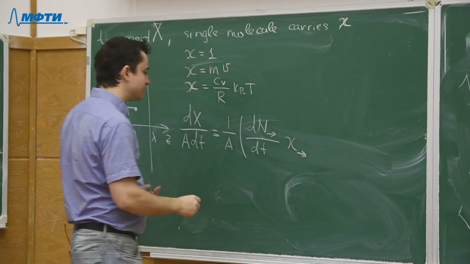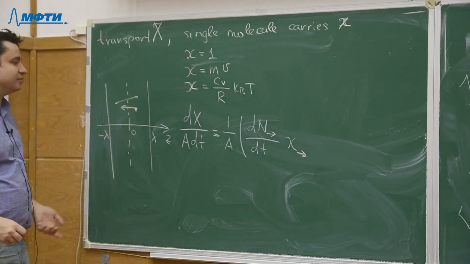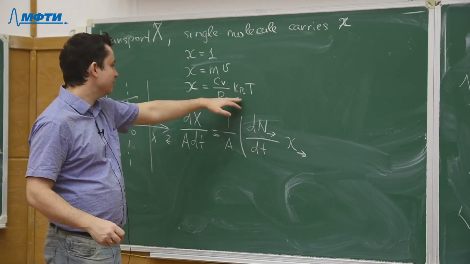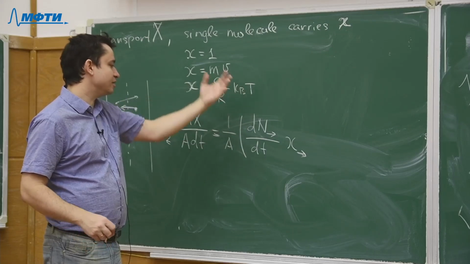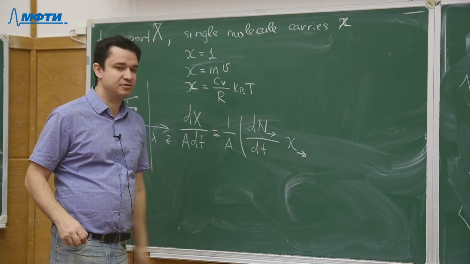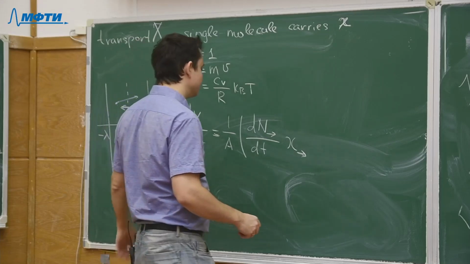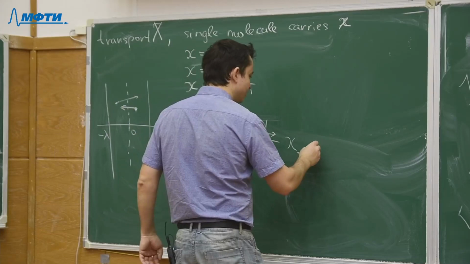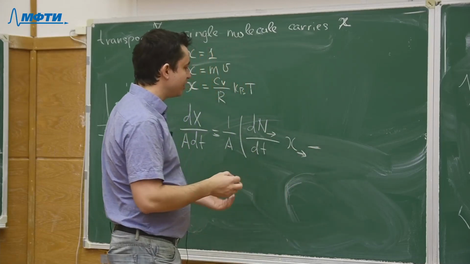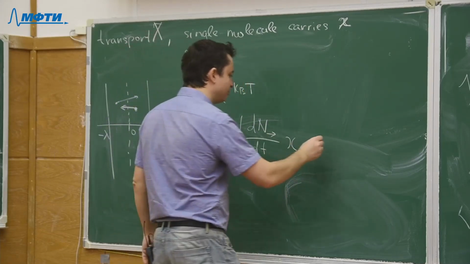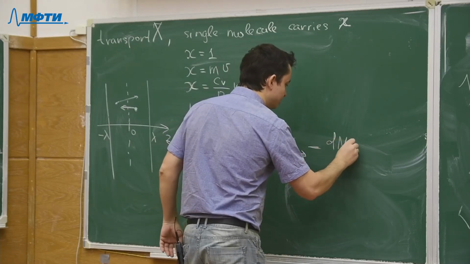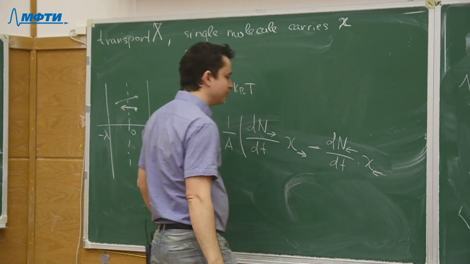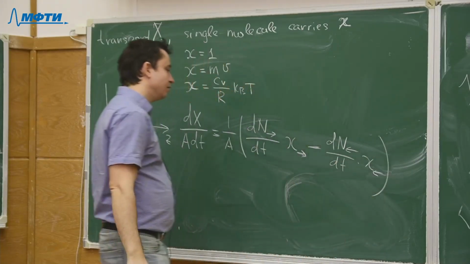Of course, since the conditions to the left and to the right can be different, potentially this x can be different. If it contains temperature or velocity, then of course that x would be slightly different for different spatial coordinates. And I need also to subtract the flow which goes in the other direction, which is given by this dn to the left over dt times x carried from the left side. Okay, that is it.